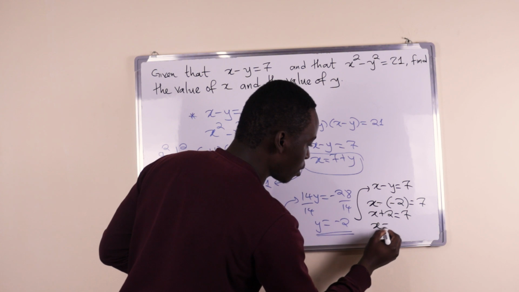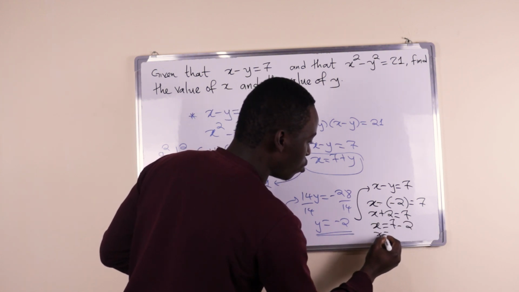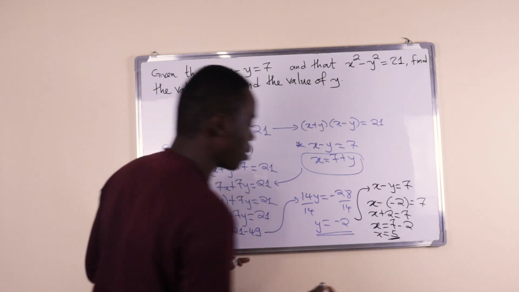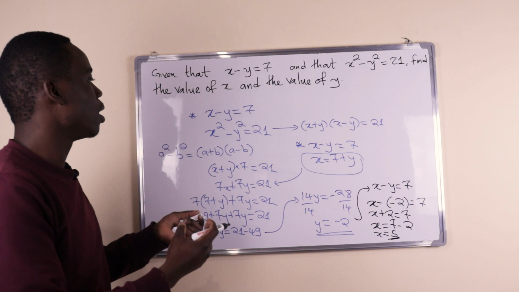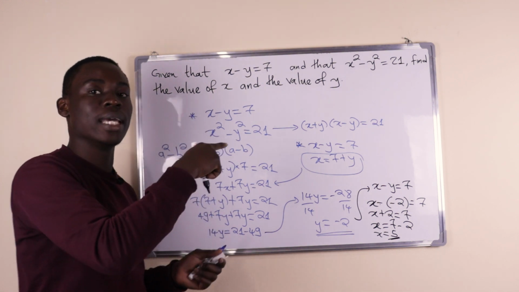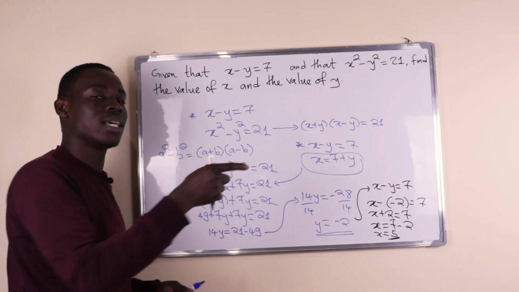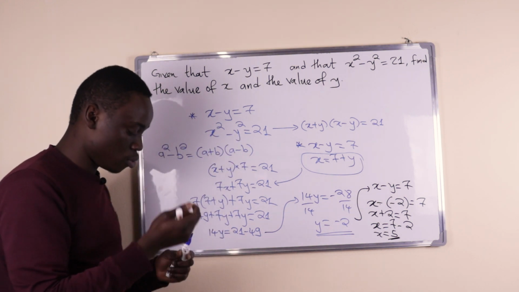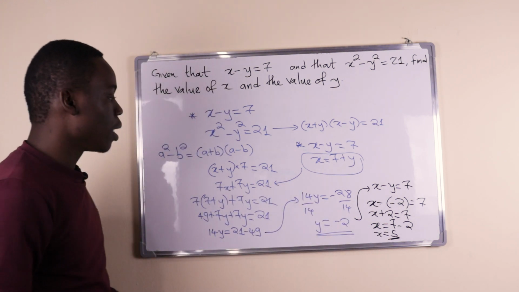Hence, our value of x is equal to 7 minus 2, which is equal to 5. This is the one way that is a little bit easier than the other one, where you start from the very beginning making x the subject of the formula without expanding in the concept of the difference of two squares. So your value of y is equal to negative 2 and your value of x is equal to 5.